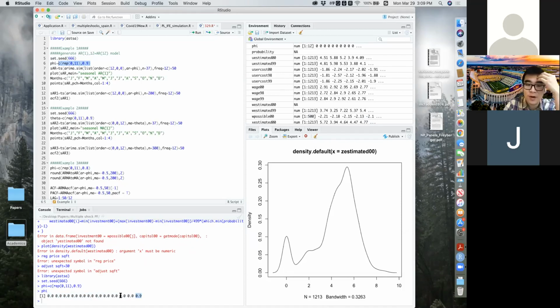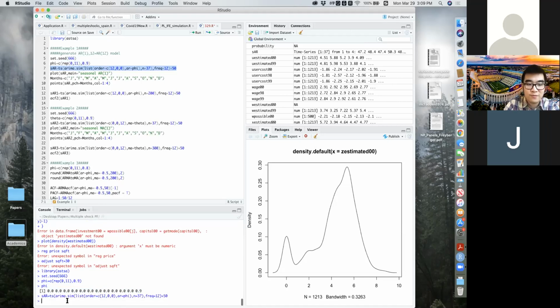In the pure ARMA model, if it is an AR(1) model, the first lag has a coefficient and the rest of the lags do not. But here the first 11 coefficients are 0, and coefficient number 12 is not equal to 0. Based on this, let's generate this AR(1)_12 model, a seasonal model.